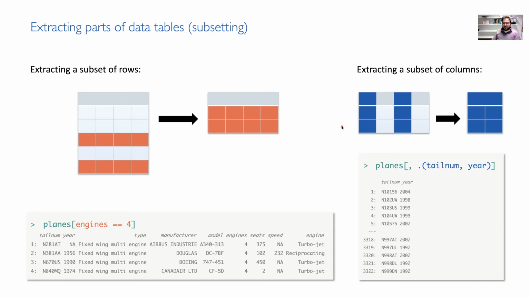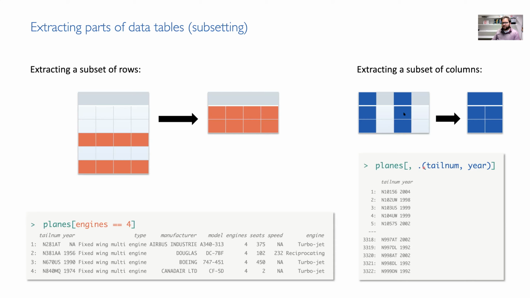Now we can also select a subset of columns here on the right-hand side. And this we do by this notation here. This dot is actually a shortcut for a list. So what we do is we give a list of the names of columns that we want to extract as the second argument.